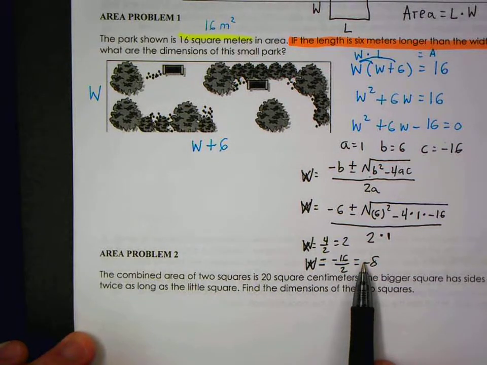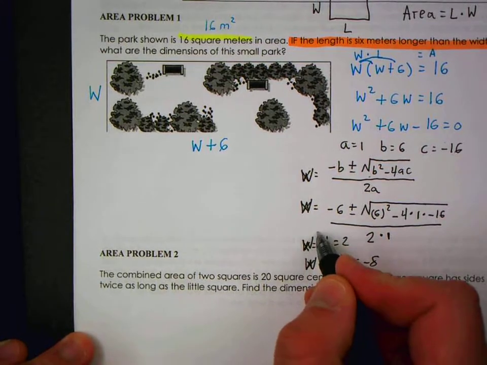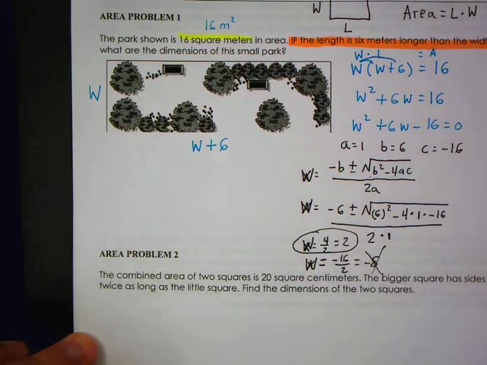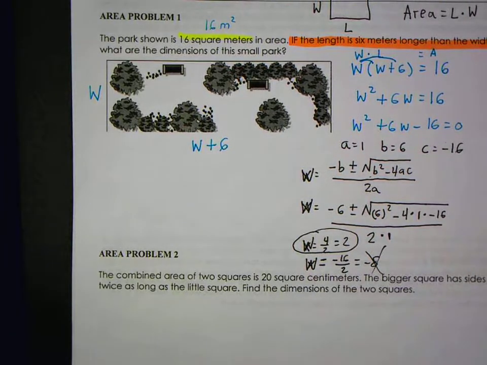Can't really have a negative width, can you? So you're going to go with this one and not this one. Sometimes there could be two answers, and then I would list them both.